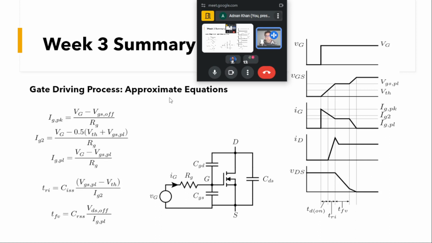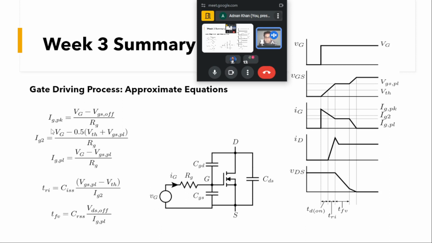Now these are some of the equations, if you want to calculate certain things, you can see. If you want to calculate the IG peak value that will flow through the gate driver, this is the VG, this will be provided by the gate driver.